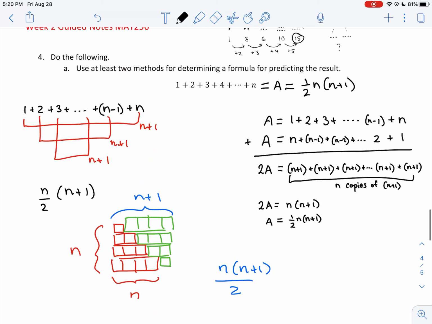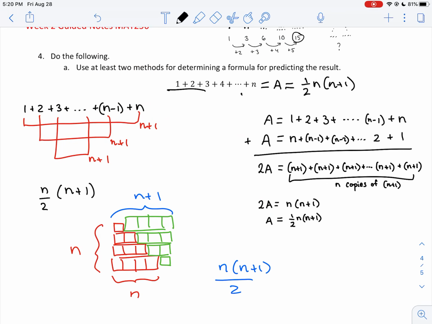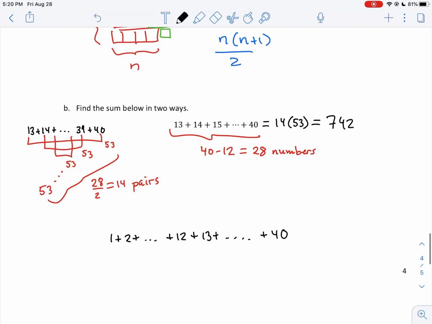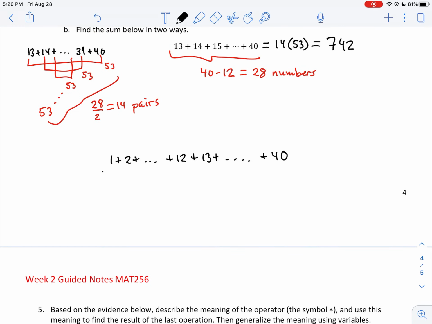So the sum has to start at 1 and end on n for this formula to work. So if I put the first 12 back in this list, and I start at 1 and end at 40, then I know that this total sum is going to be 1/2 of the last number, which is 40, and then times the next number up.